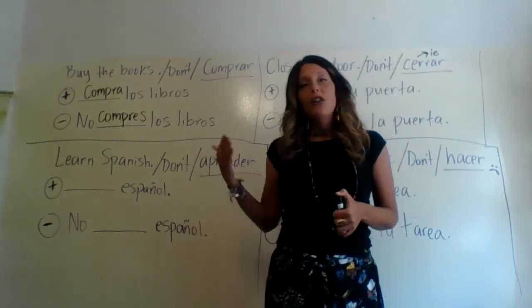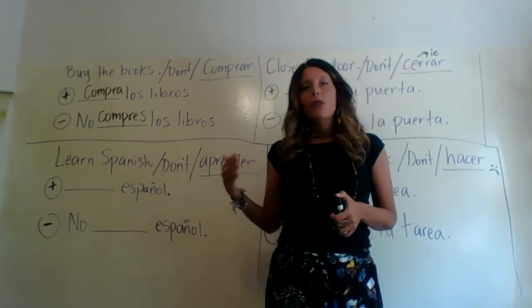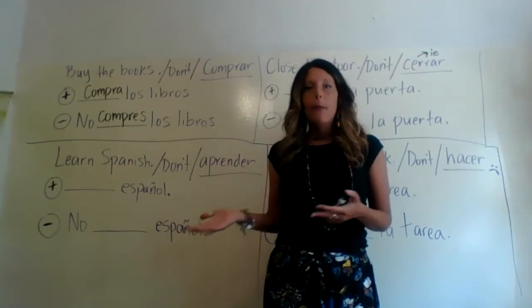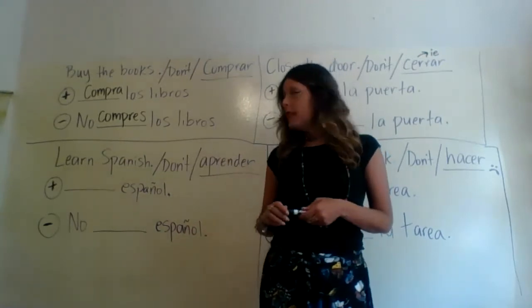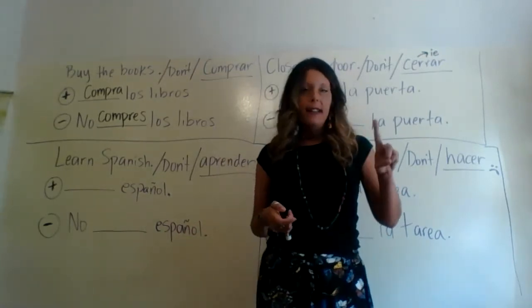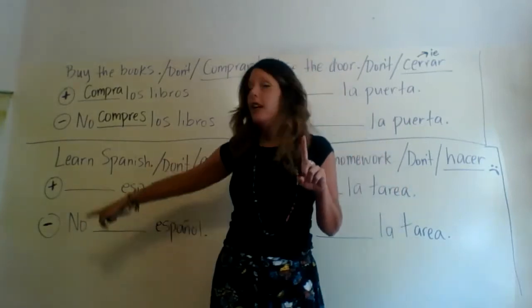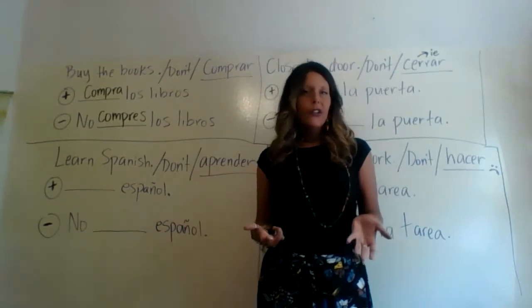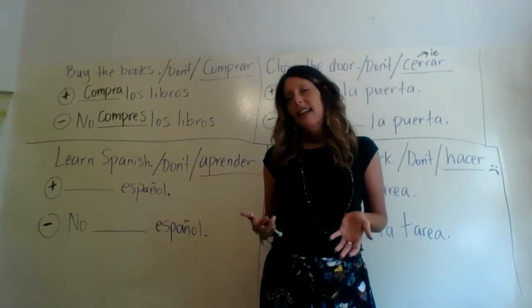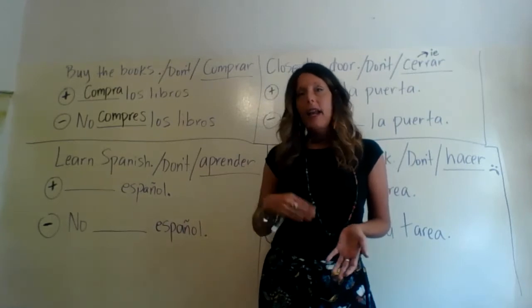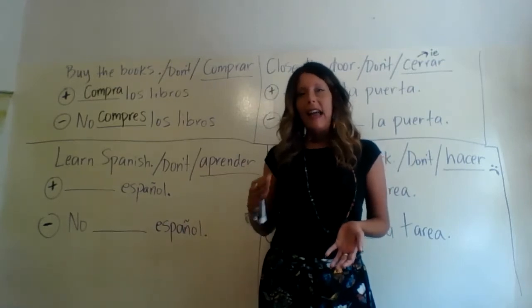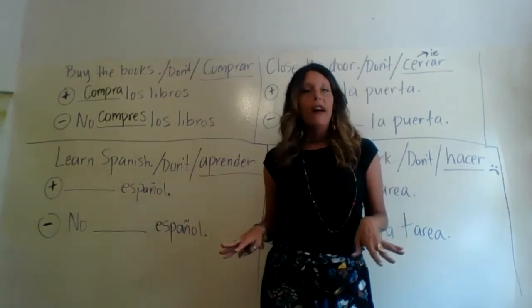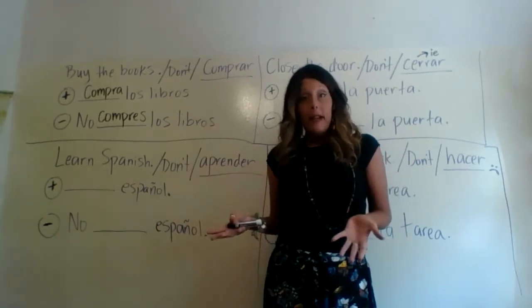So we will have yo aprendo, tú aprendes, él, ella, usted aprende, etc. So if we took option A to make an affirmative informal tú command, we would just steal the third person singular conjugation. So we would just steal the aprende, A-P-R-E-N-D-E, and plunk it down, and we would have our affirmative command.